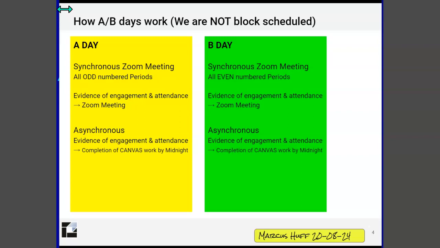So on B days, that means if it's an even class period, you're going to join us in Zoom, and the evidence of your engagement is going to be your participation and attendance of the Zoom meeting. For asynchronous folks, the odd periods, you're going to complete assignments in Canvas and turn them in.